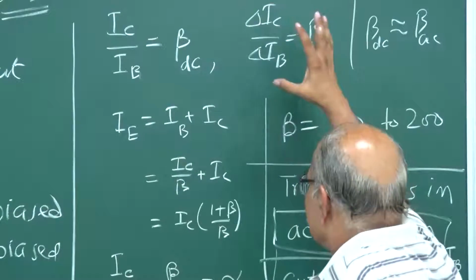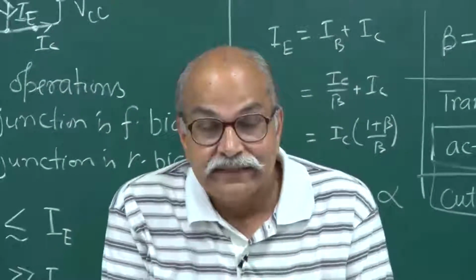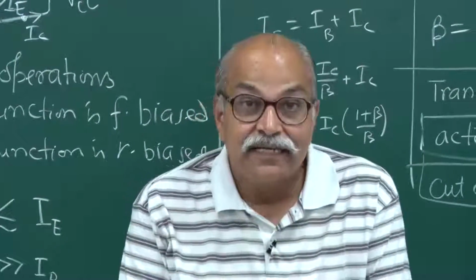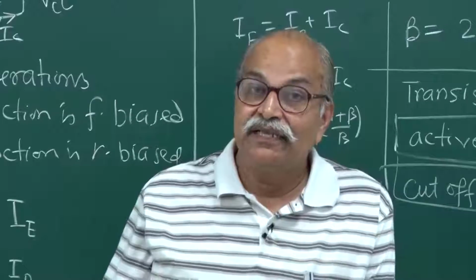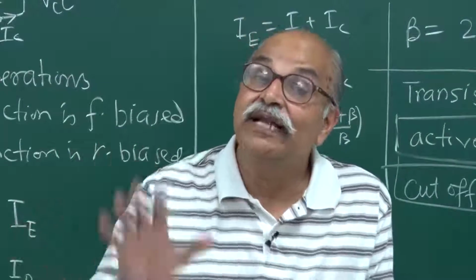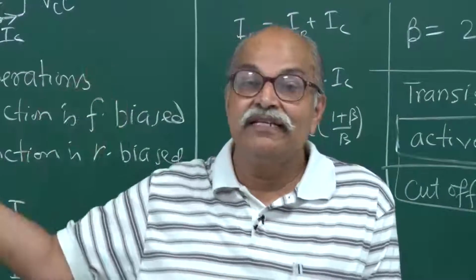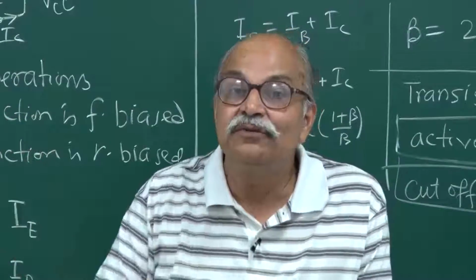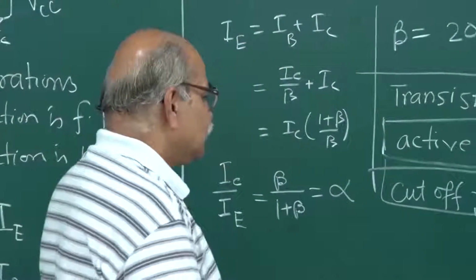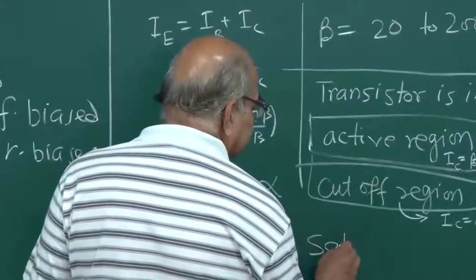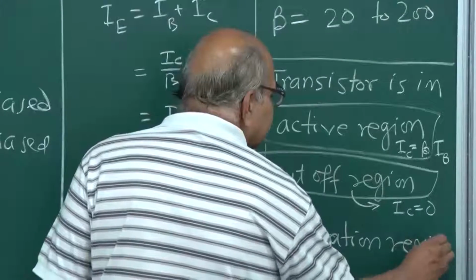These many electrons it cannot draw, and therefore, we say that the transistor is saturated. The collector efficiency of drawing electrons from the base in the case of NPN transistor is saturated, it cannot draw any more. If you increase IB, proportionately IC will not increase, because the collector is not ready to draw all those electrons. If that happens, that is known as saturation region.